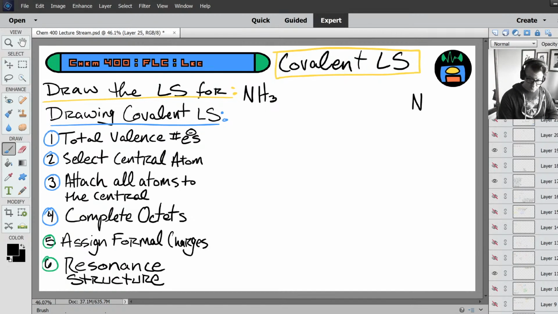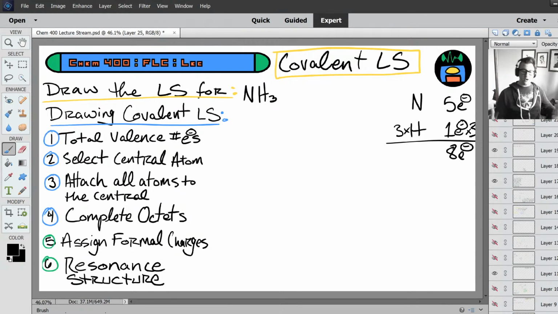Nitrogen, if you look at the periodic table, has 5 valence electrons. Hydrogen only has 1, but we have 3 hydrogens in this molecule. So we multiply that 1 by 3, and again, we have a total of 8 valence electrons in our budget to construct our Lewis structure.